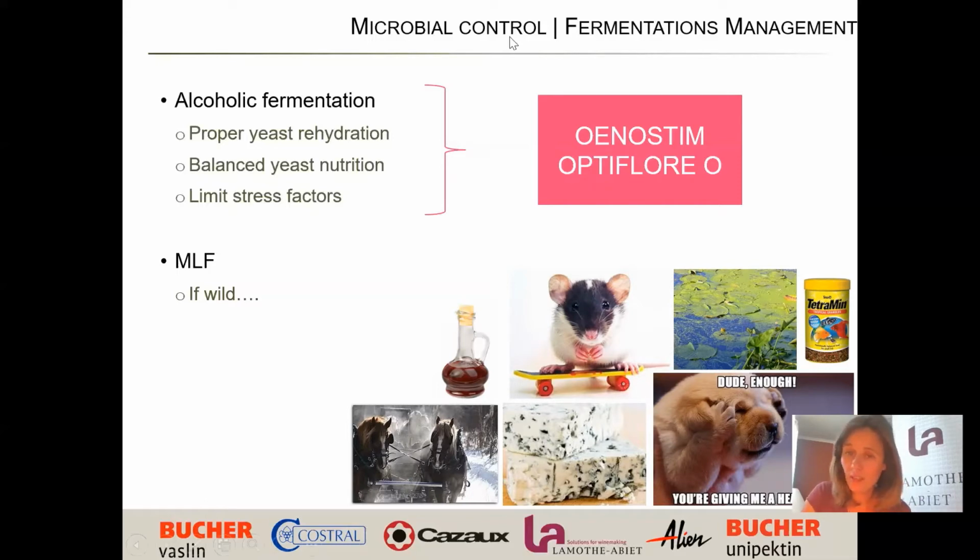And if it's not, you take a very big risk of producing biogenic amines, which are associated with very bad aromas, such as rotten flesh, dead bodies, but also stagnant water, pond, algae, fish flakes, aquarium.